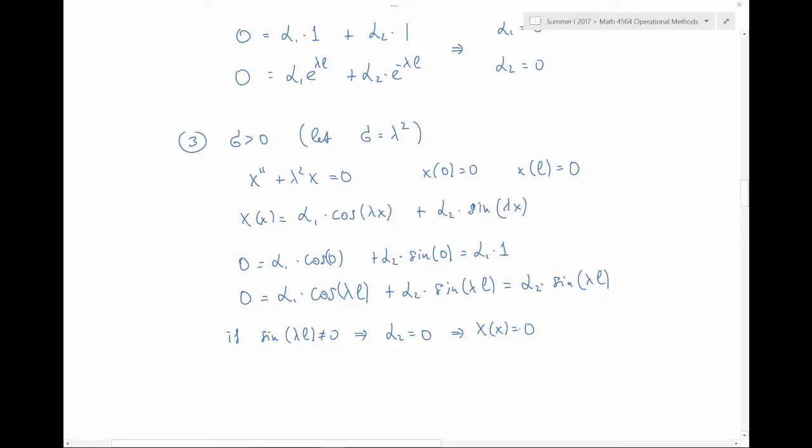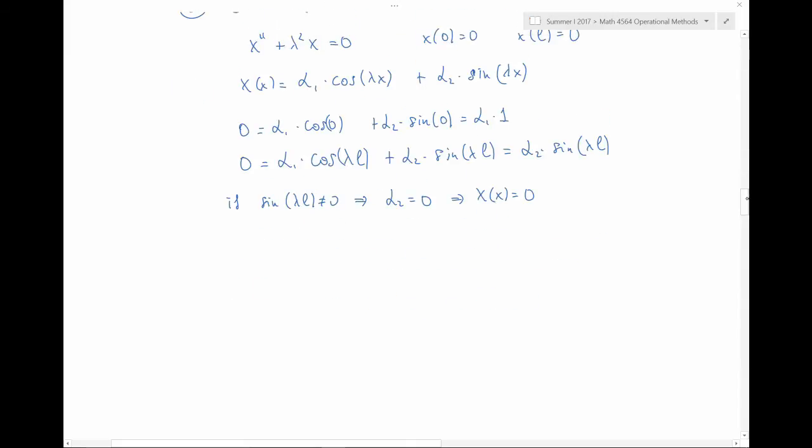And X of x should be a zero function. However, if it turns out that sine of lambda L equals 0, then alpha 2 can be any constant. We assume that lambda is non-zero and L is non-zero.